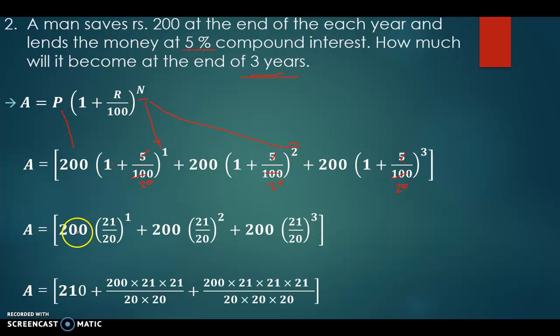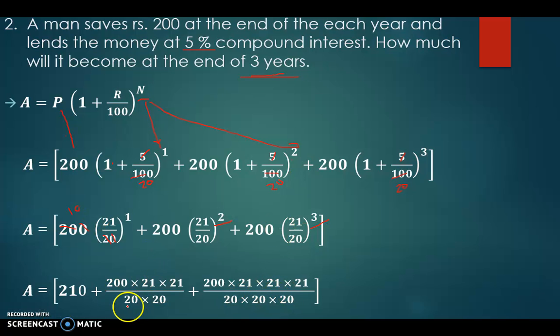Now here 21 upon 20, the 10 and 10 are cut out, and 200 divided by 20 is 10. So 10 multiply 21 is 210 rupees, plus 200 multiply 21 multiply 21 upon 20 multiply 20 because it is a square, plus 200 multiply 21 multiply 21 multiply 21 upon 20 multiply 20 multiply 20 because it is a cube.